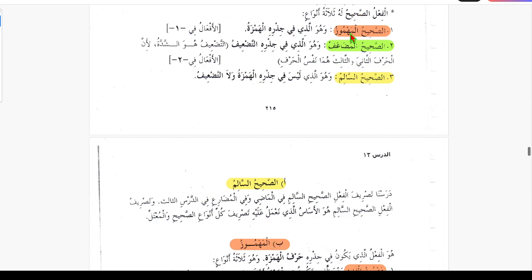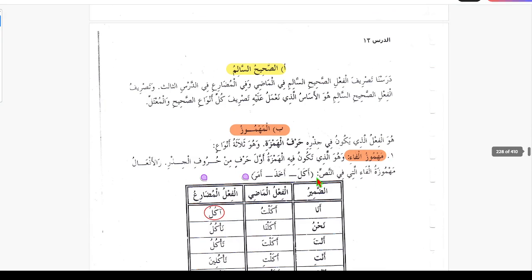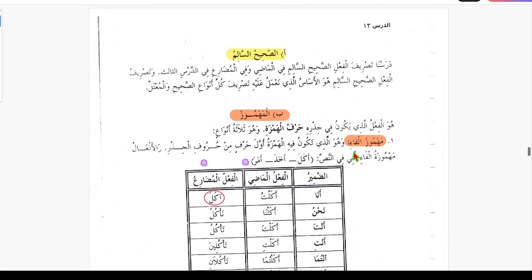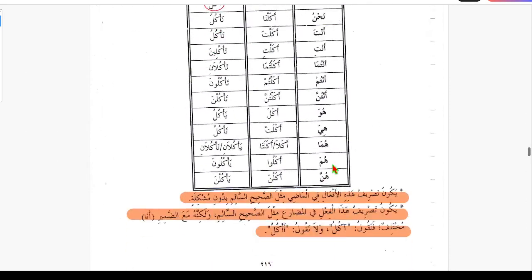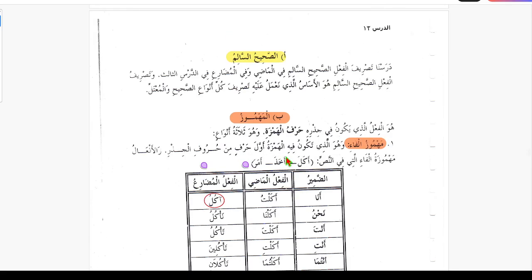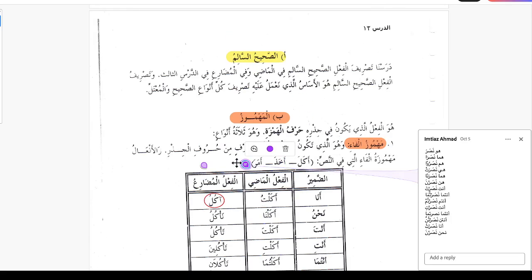The second one is mahmuz. So mahmuz now is divided into two further kinds. Mahmuzul fa, where the first radical has hamza, like akala, akhaza, amara. So that's the first kind. And we said that the conjugation of this is the same as the Sahih Salim, like I have examples Nasara or past tense or Yansuru.